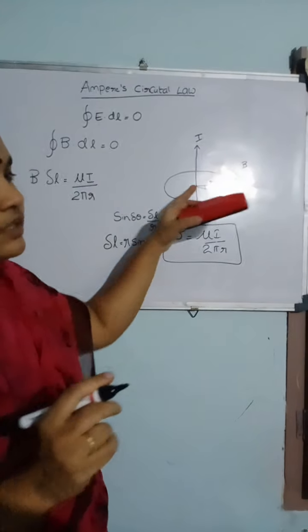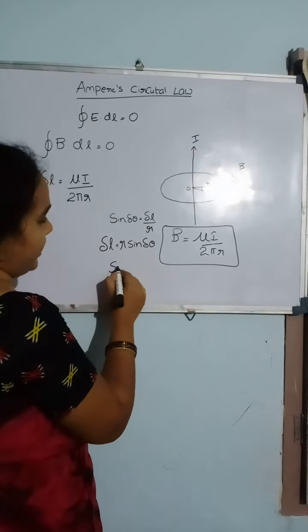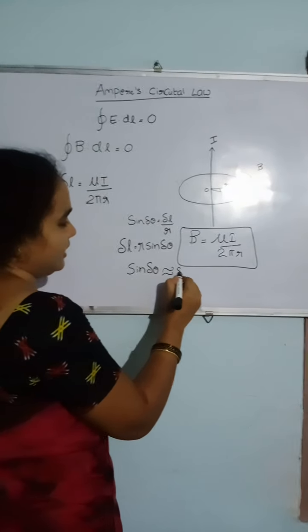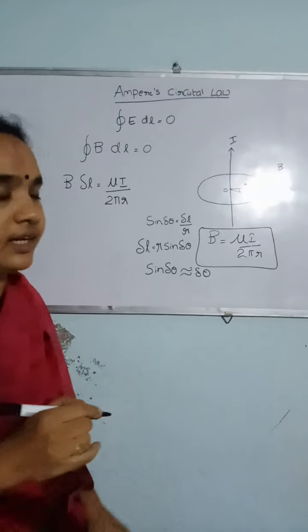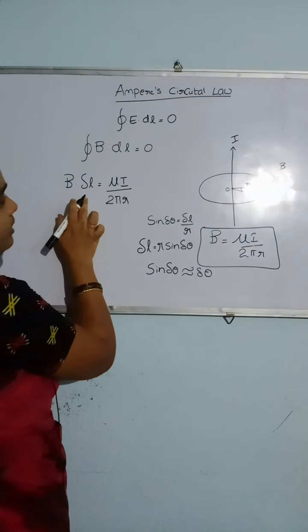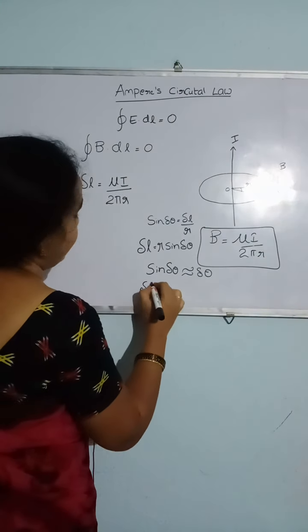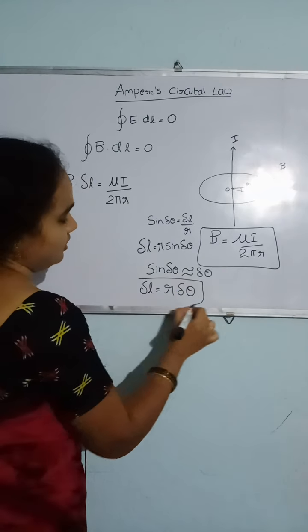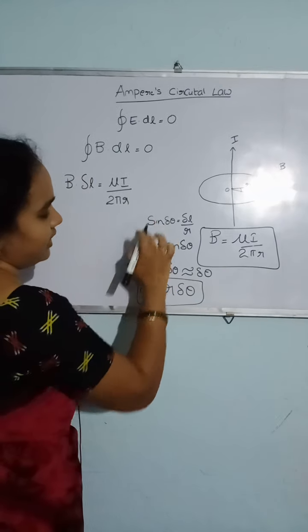Since this angle is very small, sin delta theta is nearly equal to delta theta. So in place of delta L, we can write r delta theta.